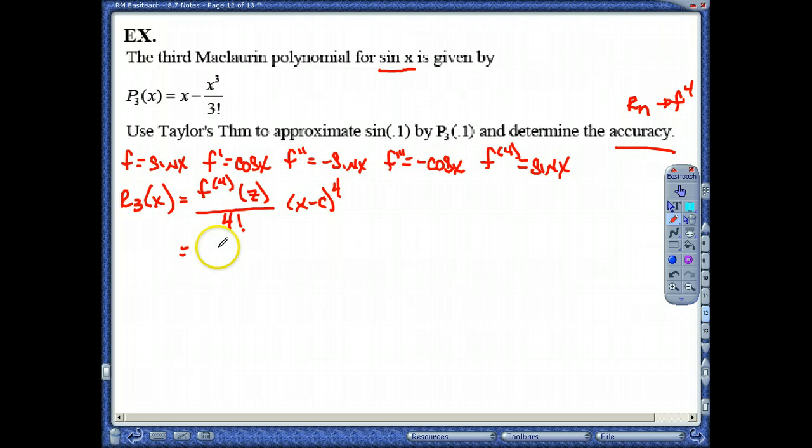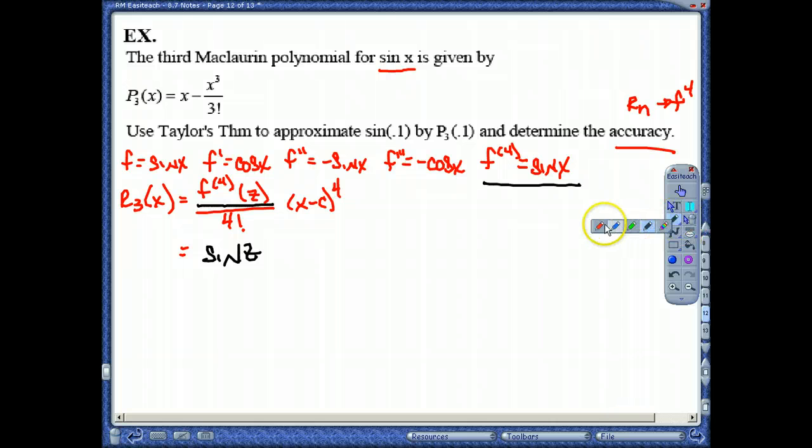Sorry, I'm trying to make this as easy as possible and I'm stumbling. So my derivative's value at z, remember here's my fourth, I'm going to plug that in. I'm going to plug z in for all of these signs, so I'm going to have sine of z.